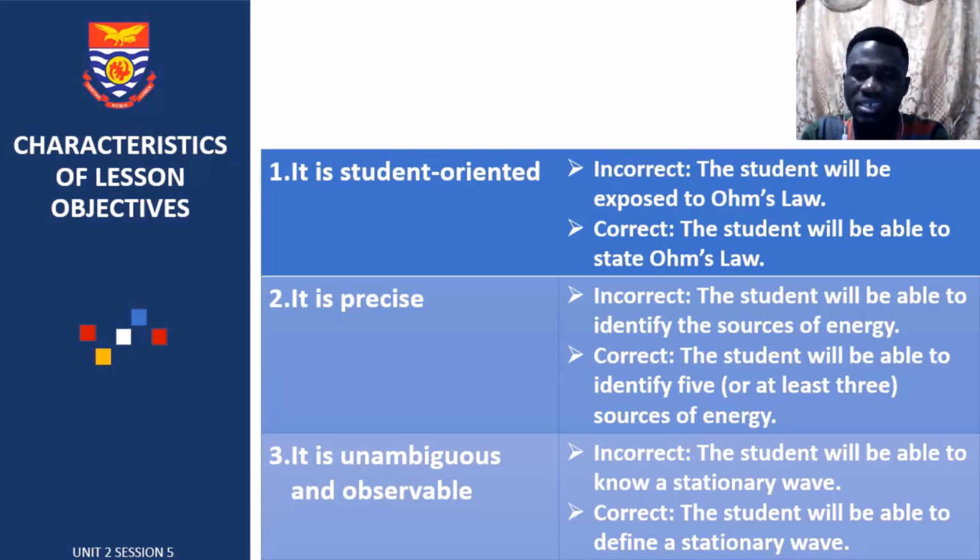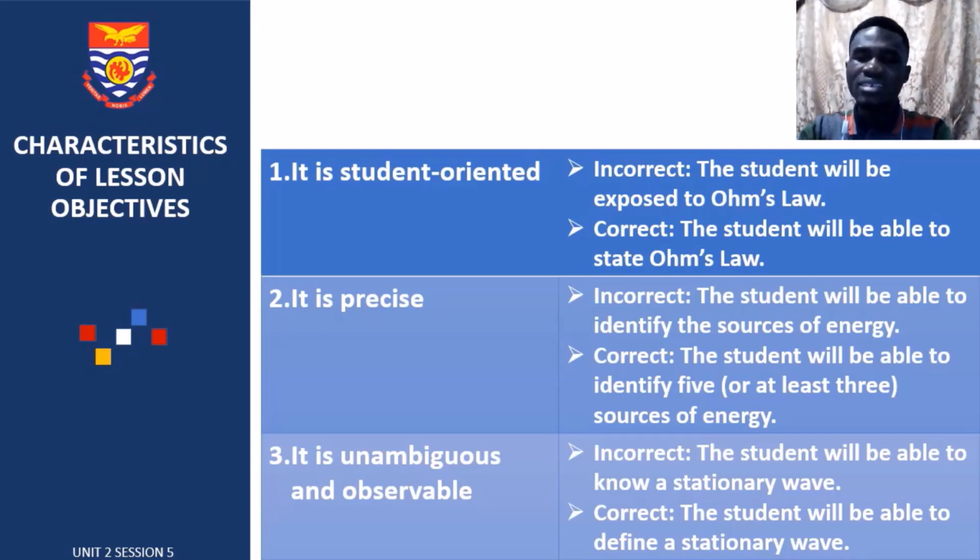Then another characteristic of a lesson objective is that it should be unambiguous and observable. That is, it should be capable of being measured. And so an example here, when we state an objective such as the student will be able to know a stationary wave, to what extent must the learner know?